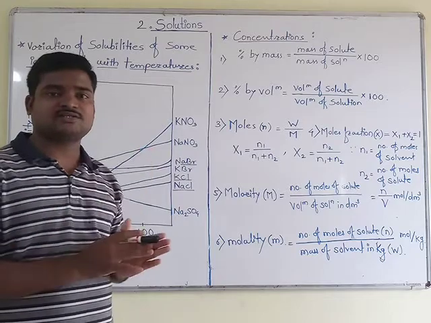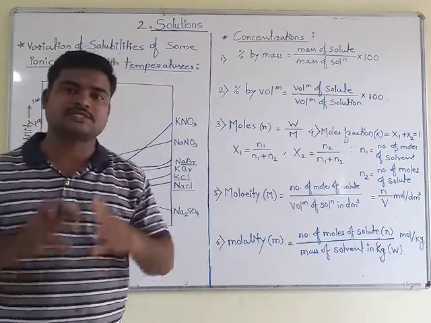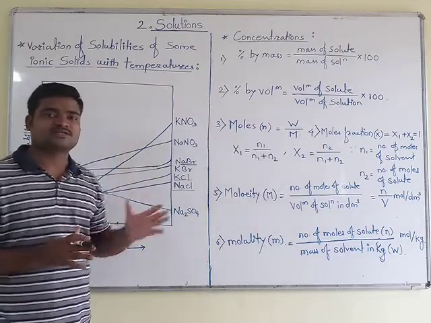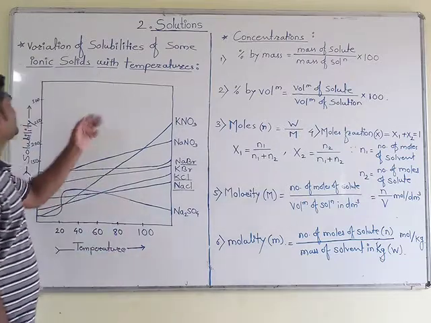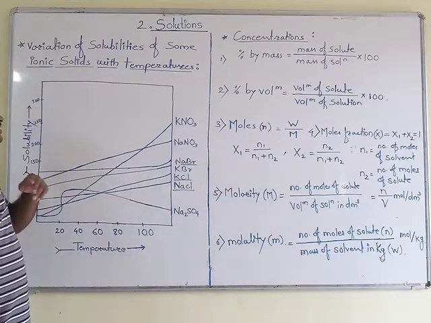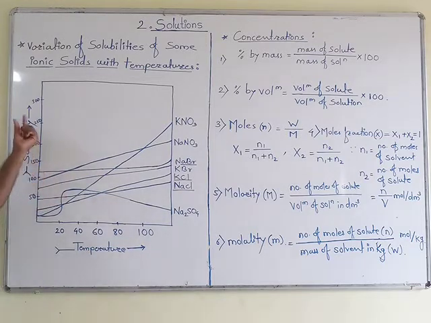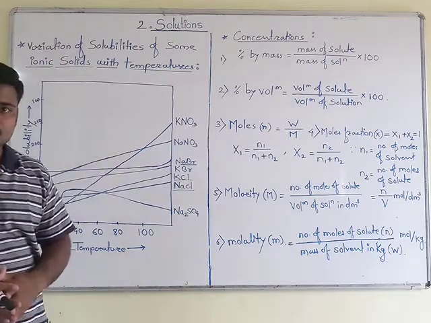Now how this temperature factor affects the solubility of different ionic solids, we are going to discuss with the help of this graph. Here we should first draw a graph of solubility versus temperature, which I have already drawn.